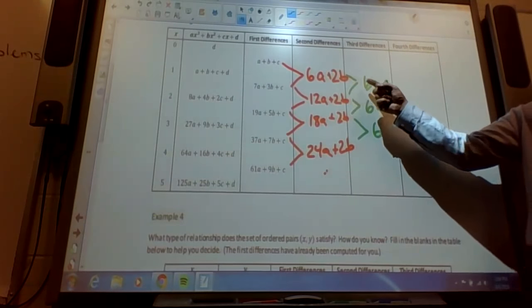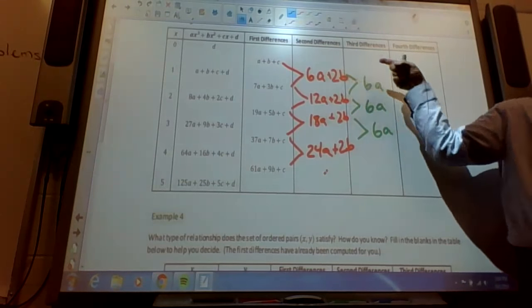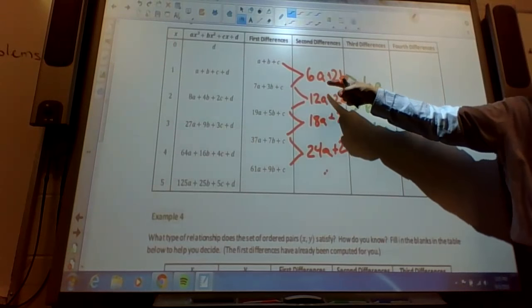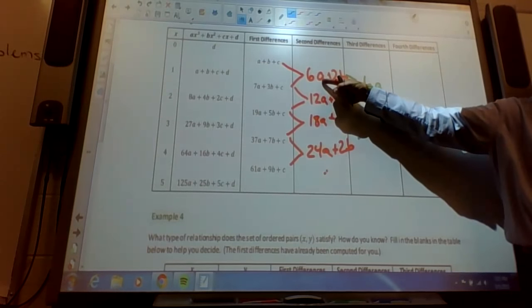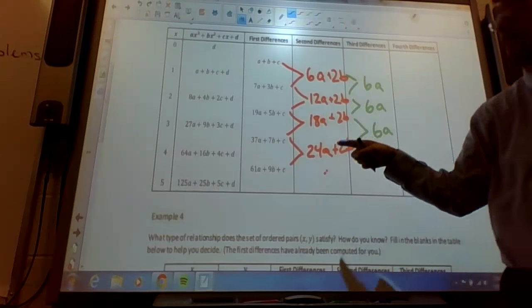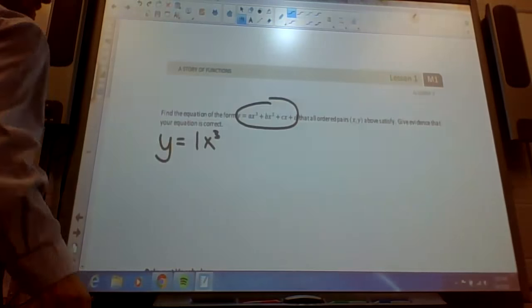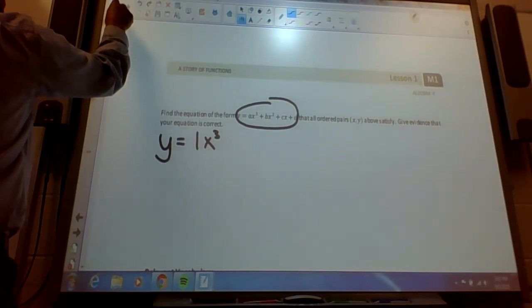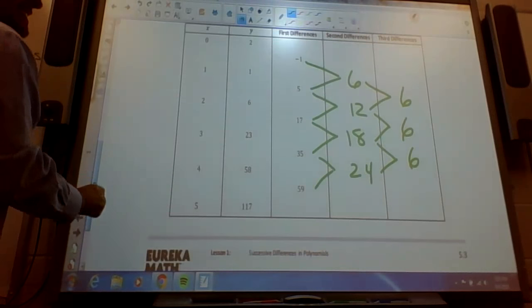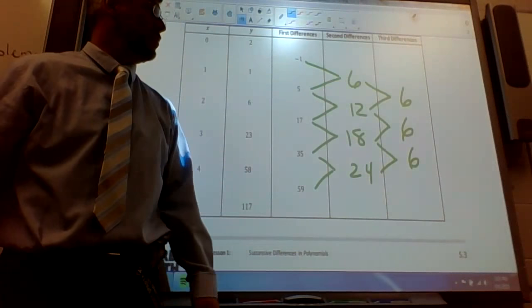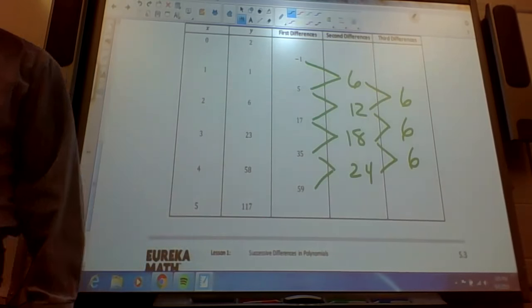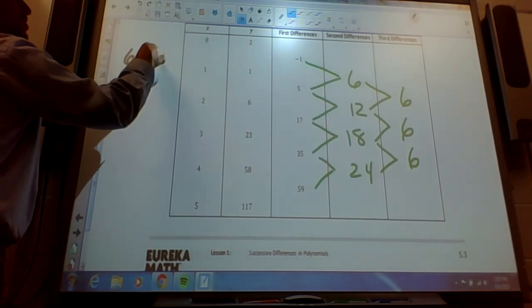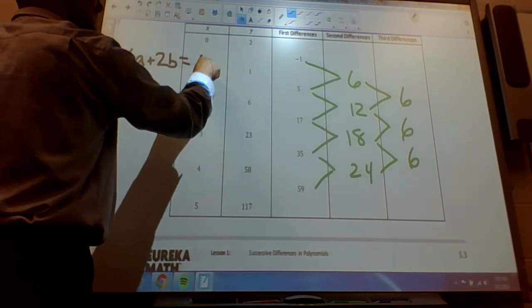B. 6a plus 2b is this number right here. My second difference is 6a plus 2b. So let's go back to that. 6a plus 2b equals 6.